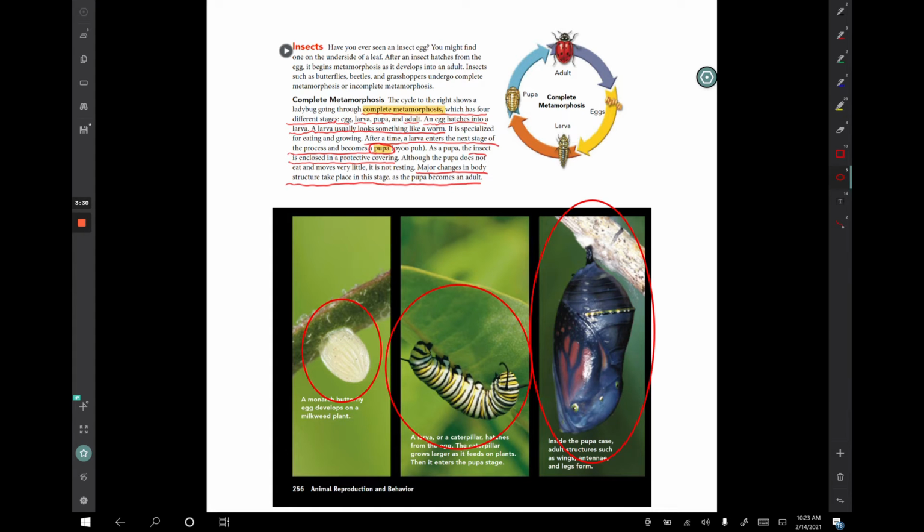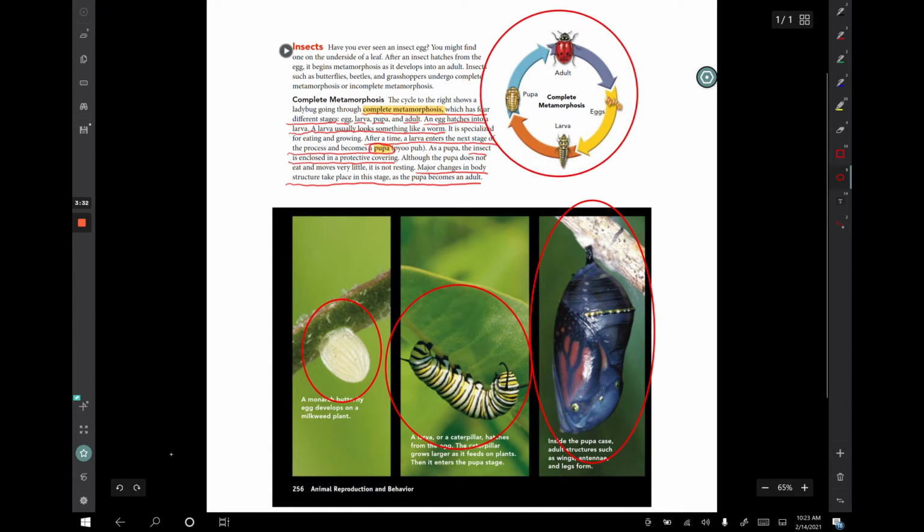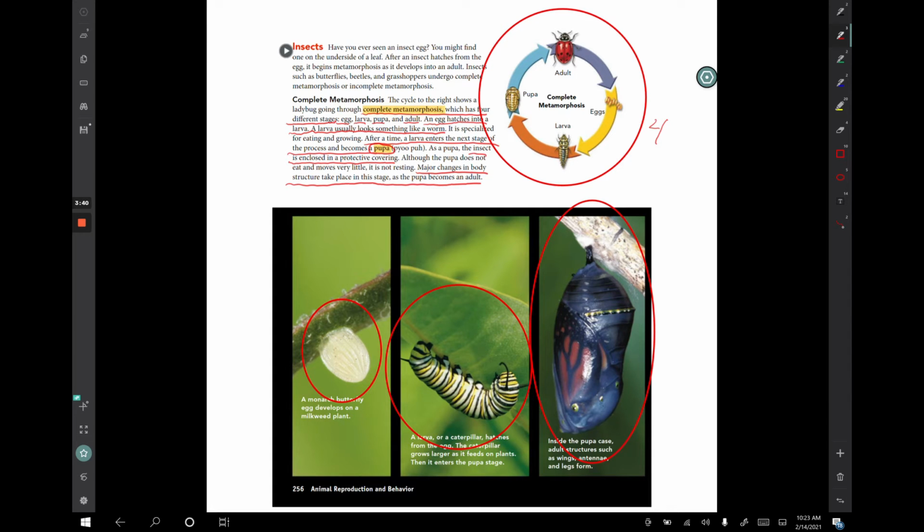So again, these are the steps of complete metamorphosis. There are 4 stages. You have eggs. The eggs hatch and turn into a larva. The larva is when it feeds and gets all of its nutrients. It then goes into the pupa stage where the body transforms and emerges as the adult.